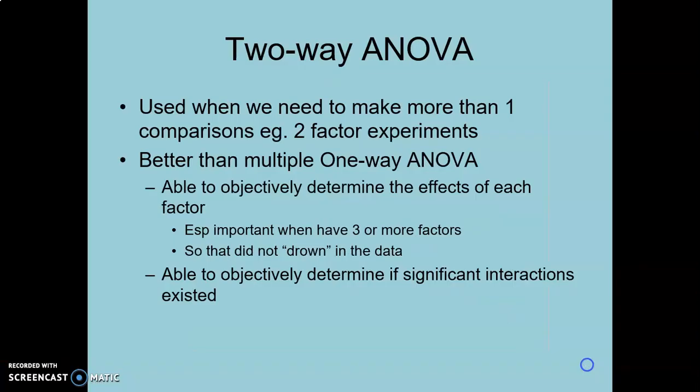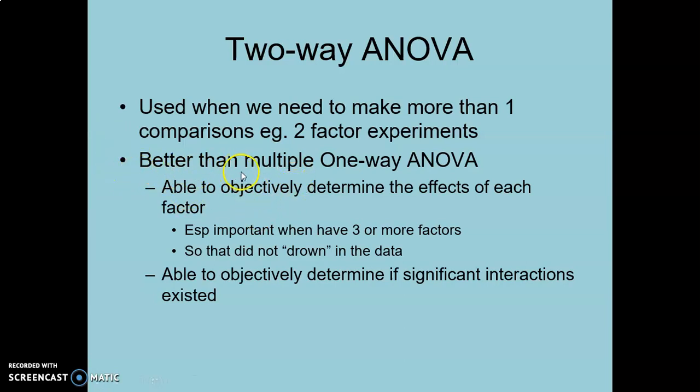So when we have two factors or more, then it is advisable to do a two-way ANOVA so that you can determine objectively the effect of each factor, and also determine whether there are significant interactive effects between the two factors.